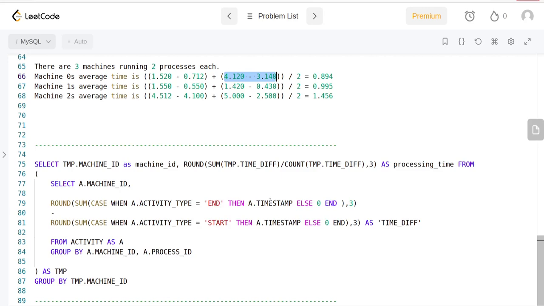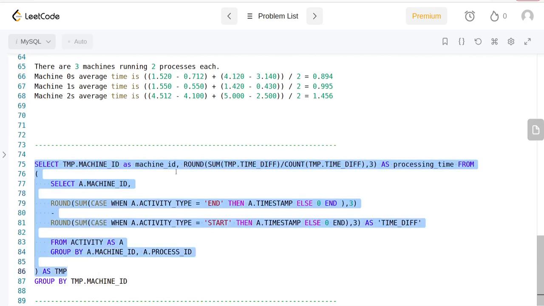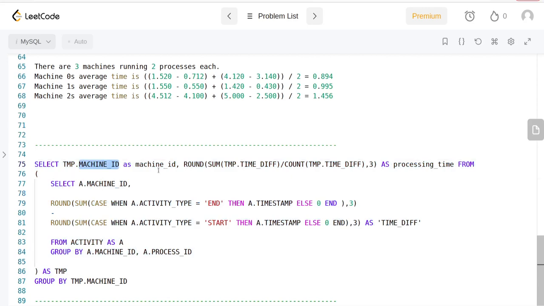All you need to do after that is, once you send it to the upper select, which is one level above, you take the machine ID and then you sum the time difference and divide it by the count of how many time differences we have. Again, we are grouping them by the machine ID.